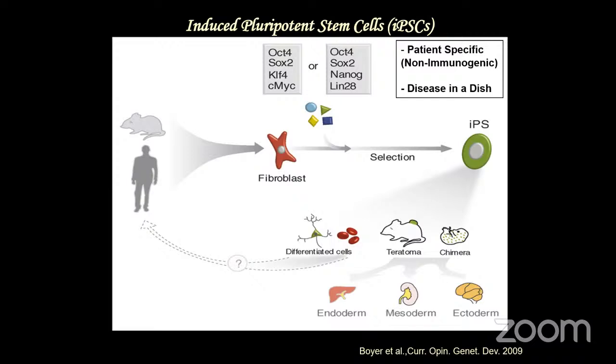But if you are thinking in terms of therapy, where you have to have patient-specific cell line development, since embryonic stem cells come from a different embryo, they cannot be similar to the patient or whichever person you require these stem cells for. So for immunocompatibility, so that no immunological rejection takes place, one has to develop patient-specific cell lines.